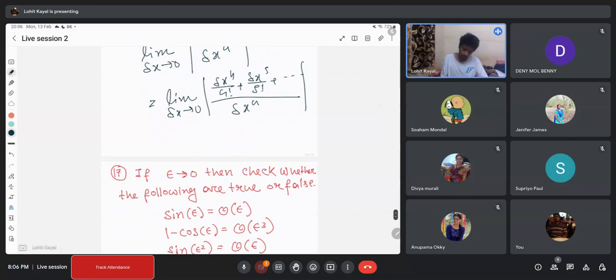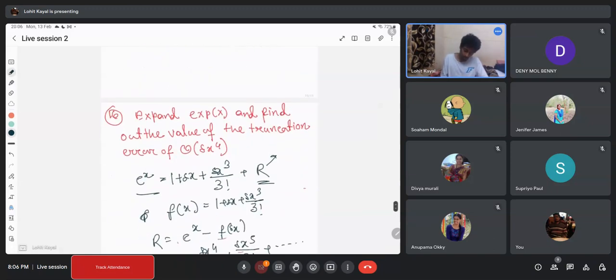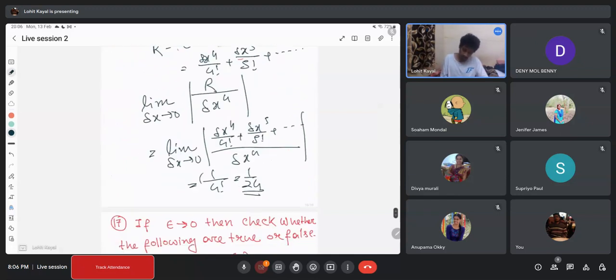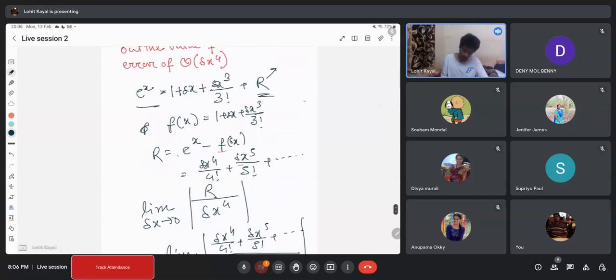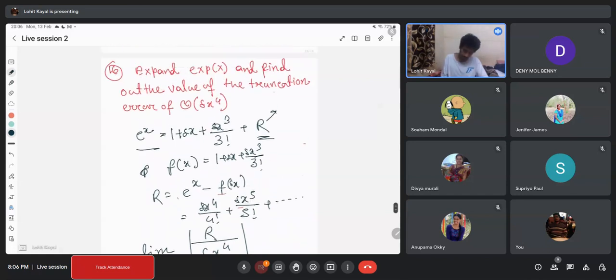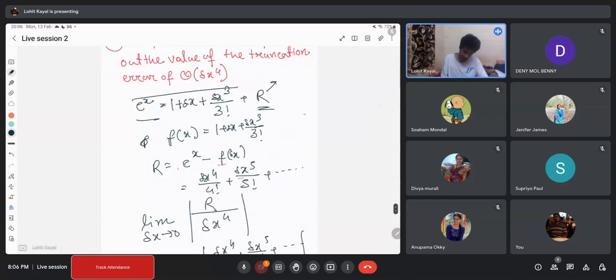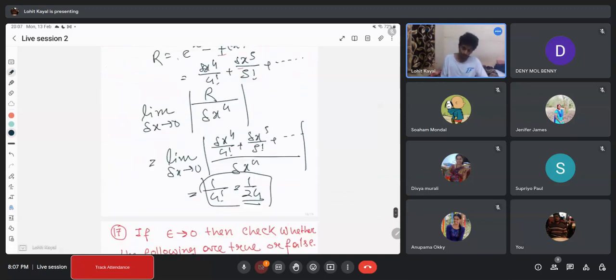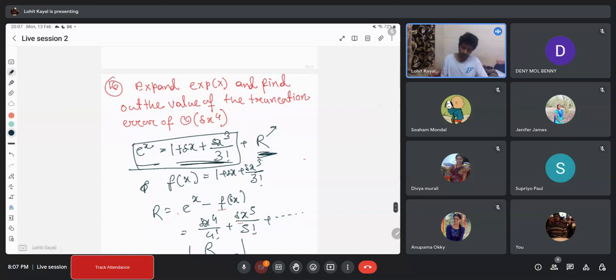So the answer will be 1 by factorial 4 equal to 1 by 24. It is a finite number. So the error is of order delta x to the power 4. Okay. So the correct truncation expression will be up to this, and beyond that the error is of order delta x to the power 4. Okay, so this is the correct truncation.